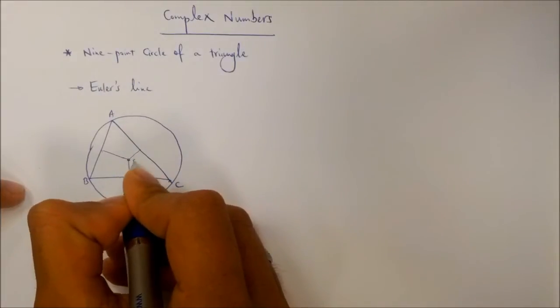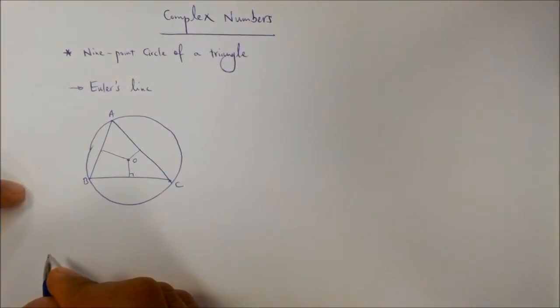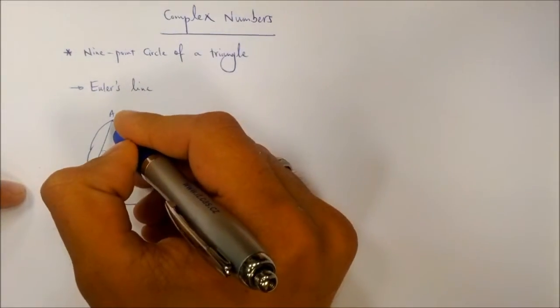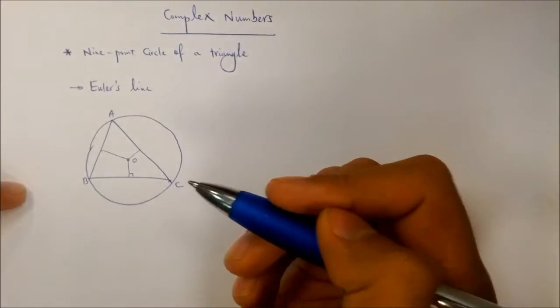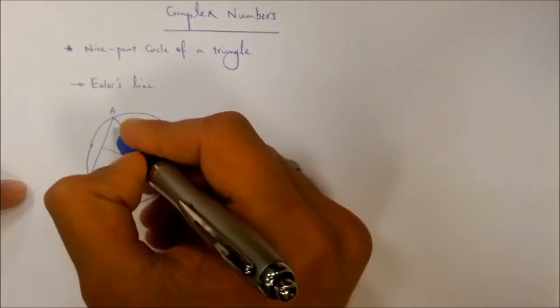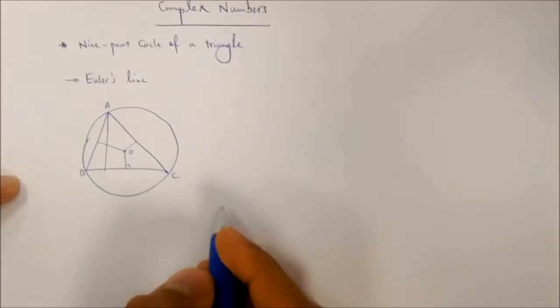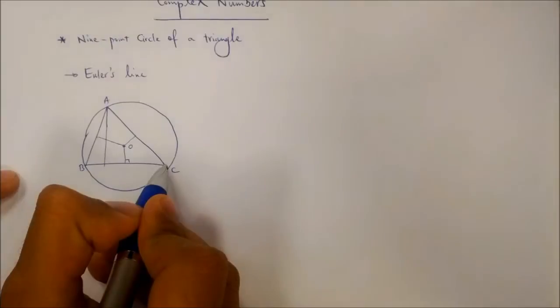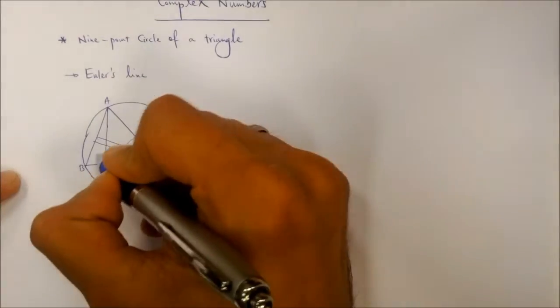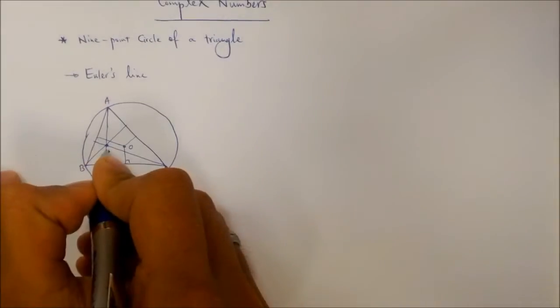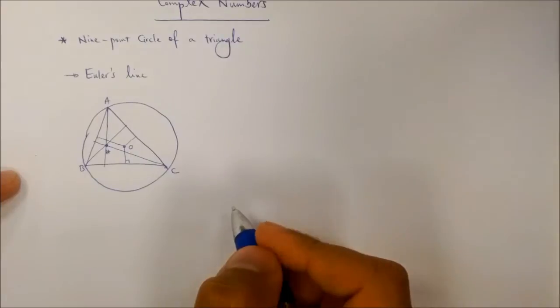So this point I consider as O. Another point is the orthocenter of the triangle, which is the point of concurrency of the altitudes of the triangle ABC. So this is H, the orthocenter of the triangle ABC.